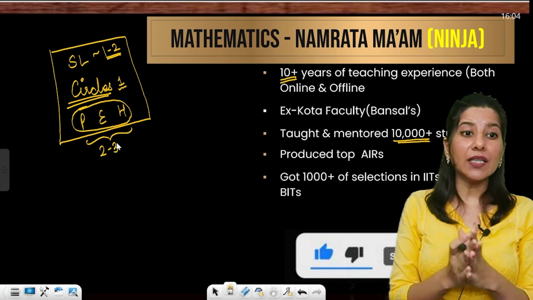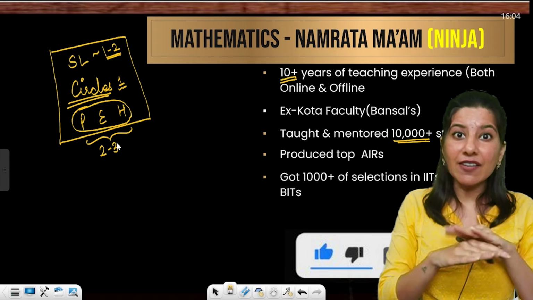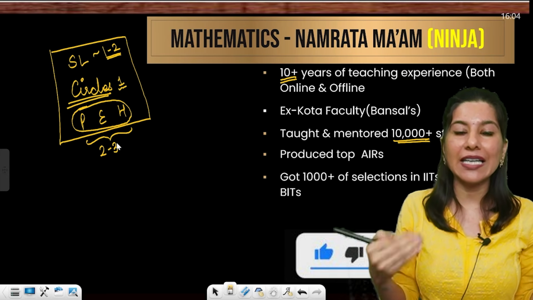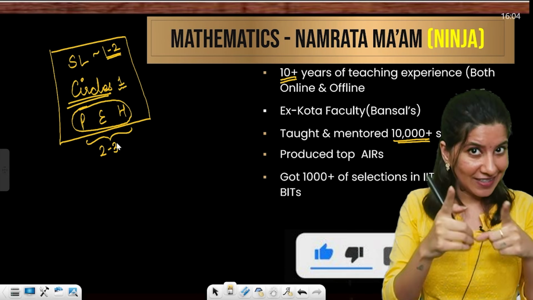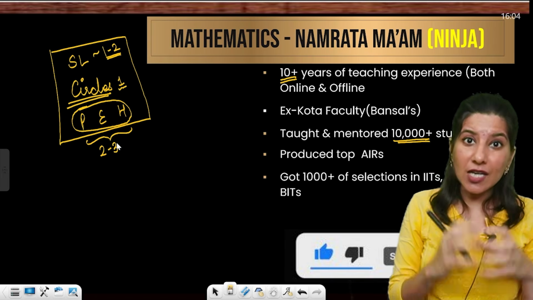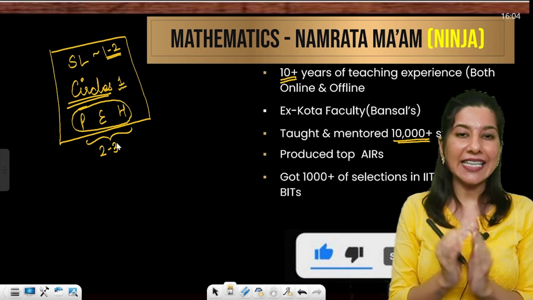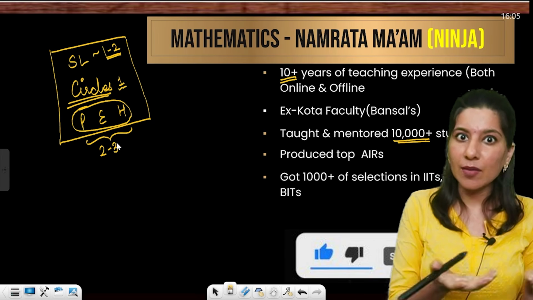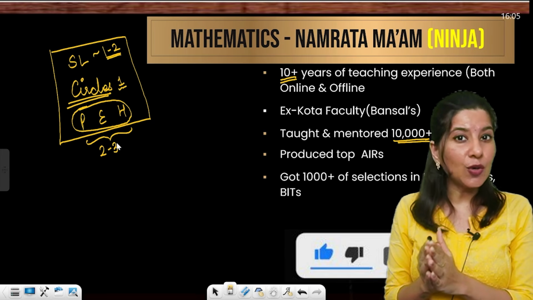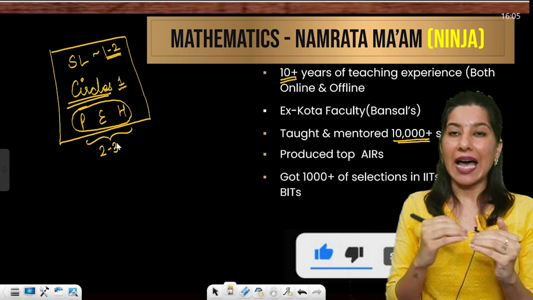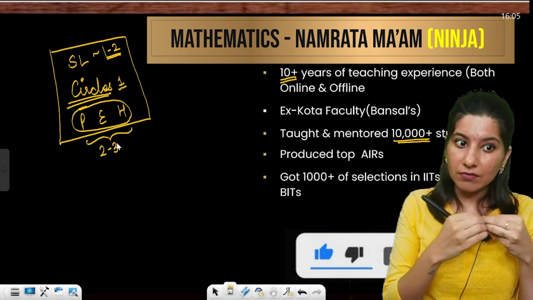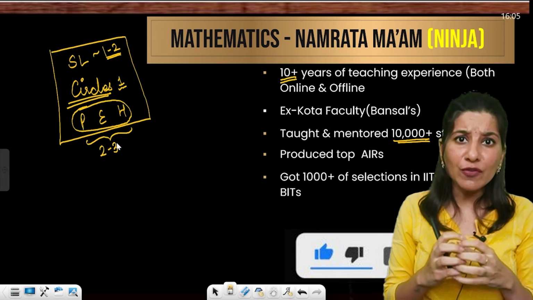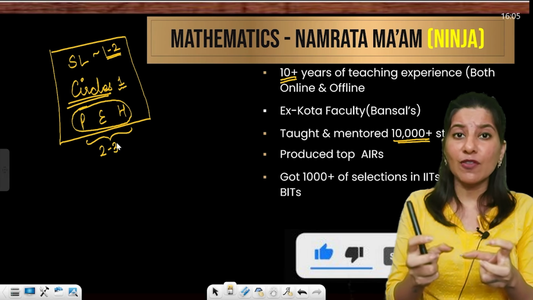But straight lines is a foundation chapter for circles, parabola, hyperbola, ellipse and 3D geometry as well. Now circles similarly is a foundation chapter for your upcoming chapters like parabola, ellipse and hyperbola. So without doing circles, you cannot complete or start parabola, ellipse and hyperbola, because a lot of questions will involve concepts from circles.